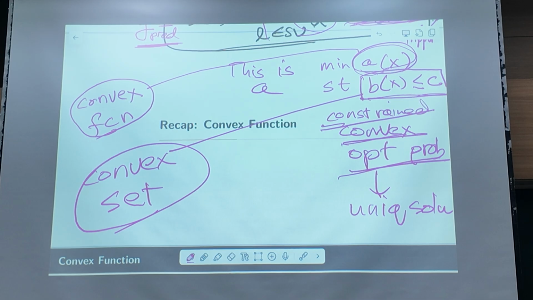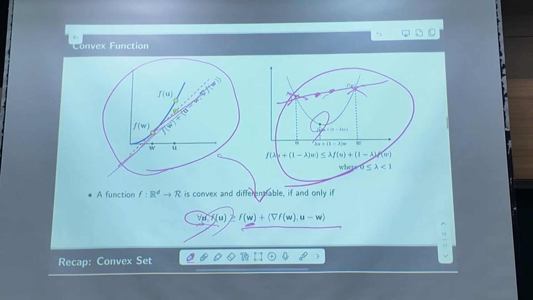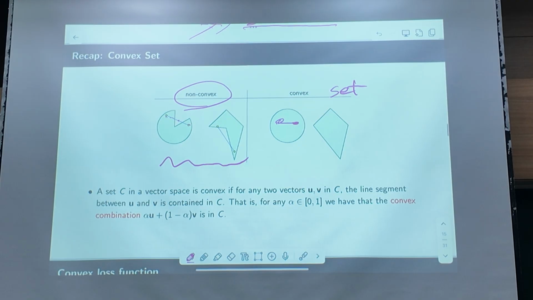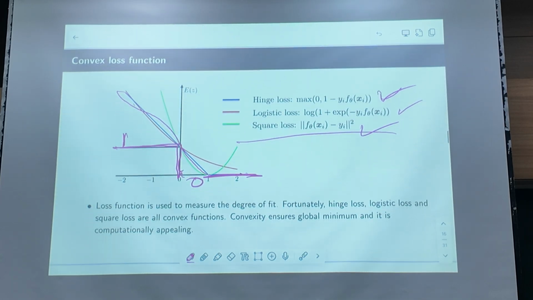Only then do you have a unique solution. Otherwise, you don't have a unique solution. So I defined a convex function. There are 2 ways to define that. Then I also defined what a convex set was. And here are a couple of convex functions.